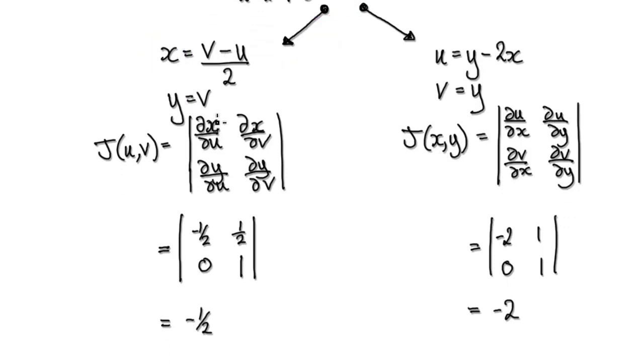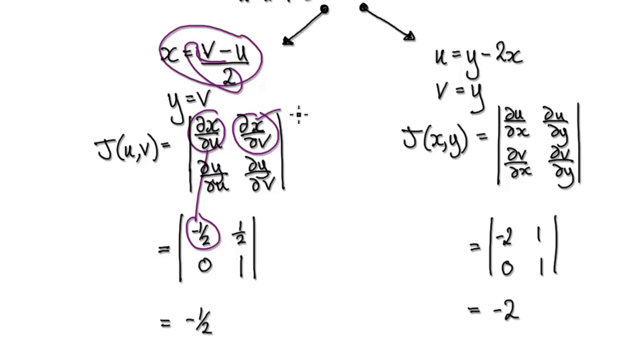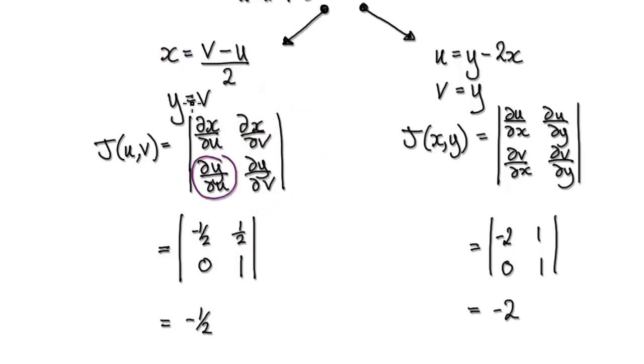To compute the Jacobian, differentiate x with respect to u, that would be -1/2. Then differentiate x with respect to v, that would be 1/2. Then differentiate y with respect to u.